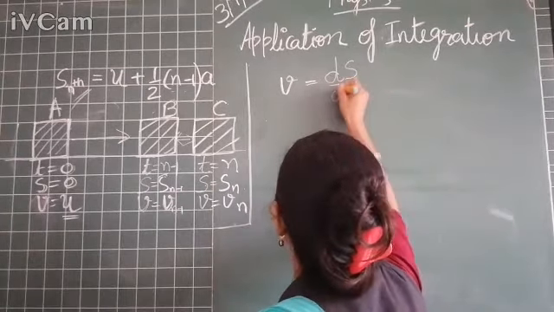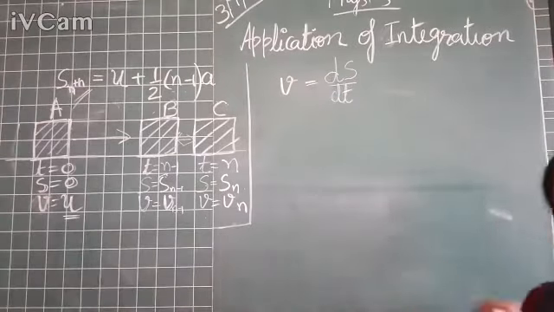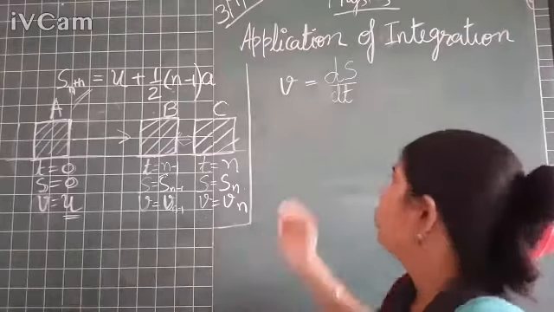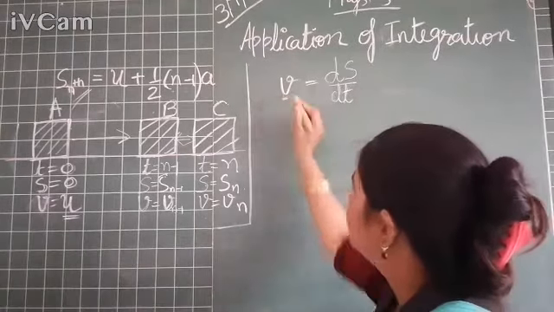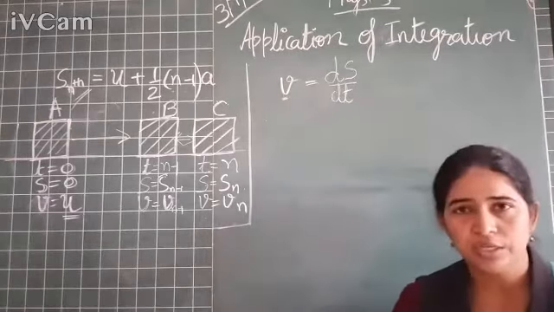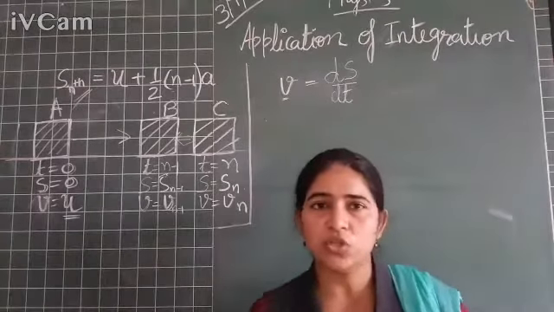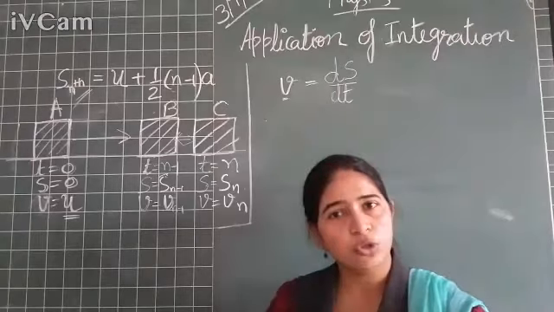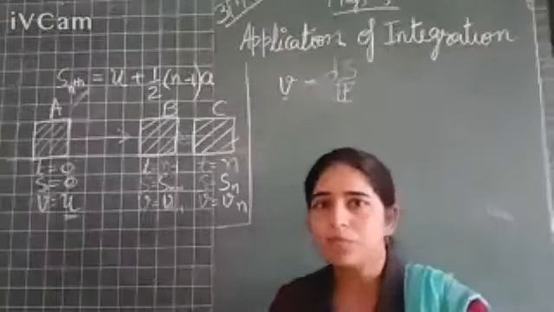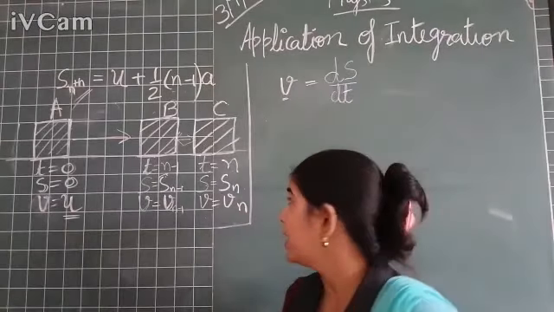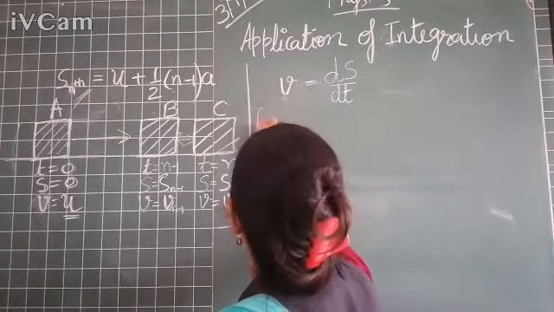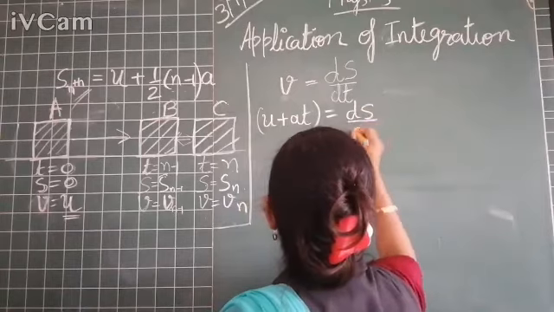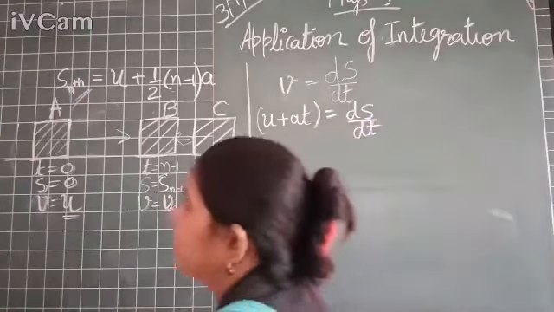I don't think you have any doubt in this, because in the previous equations also we have used this, right? Now what we will do is, here we will substitute the value of v. We know the first equation of motion, that is v equals to u plus at, right? So instead of v, we will put u plus at equals to ds by dt.